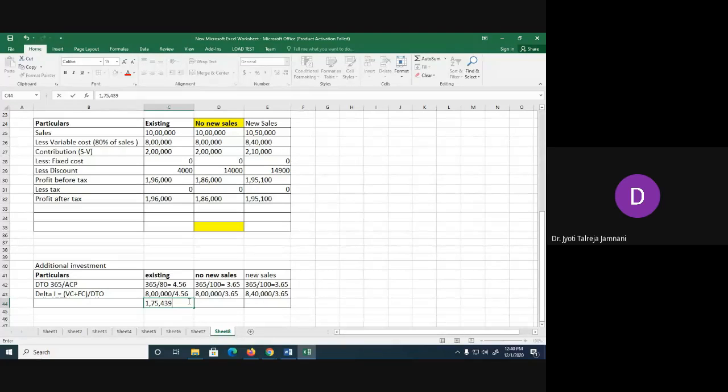Then 8 lakh divided by 3.65, you get 2,19,178. And 8,40,000 divided by 3.65, you get 2,30,137.